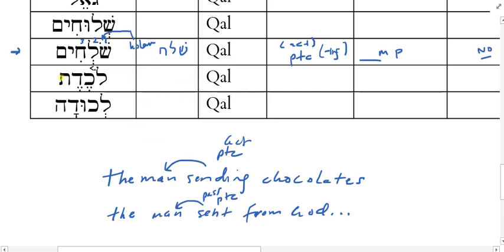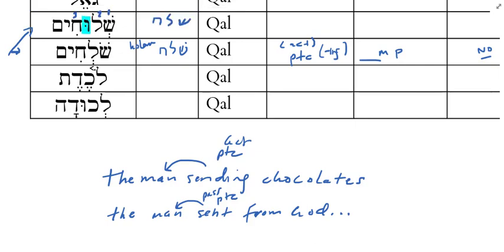Now, for this third from the last, is that clear as far as how we work through the parsing? All right, let's just look at the one right before to draw that distinction that we're just looking at in English. I have next, fourth from the last, the word not sholachim, but shaluchim. Shaluchim. Same 3 root letters as before, shalach. But now my vowel points are slightly different. And the most important thing is this shureq right here after root 2.